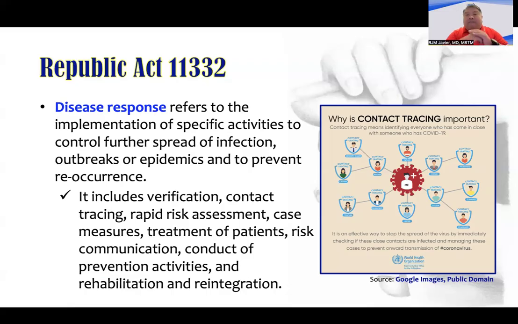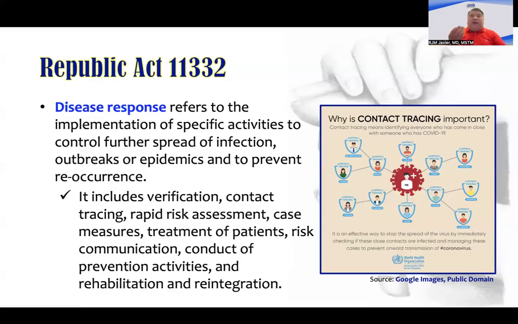I'm not sure if you remember the contact tracing that we had at the peak of the COVID-19 pandemic, wherein if I get a positive RT-PCR for COVID-19, all immediate family members will also be subjected to testing. And sometimes our movement is limited because of the threat of the COVID-19 pandemic. But be mindful that contact tracing is something that we have been doing even before the COVID-19 pandemic.